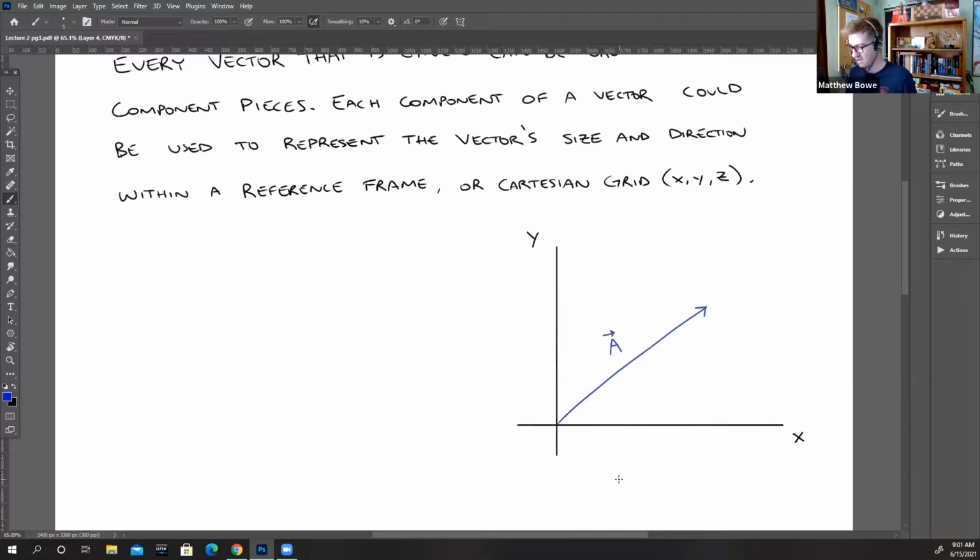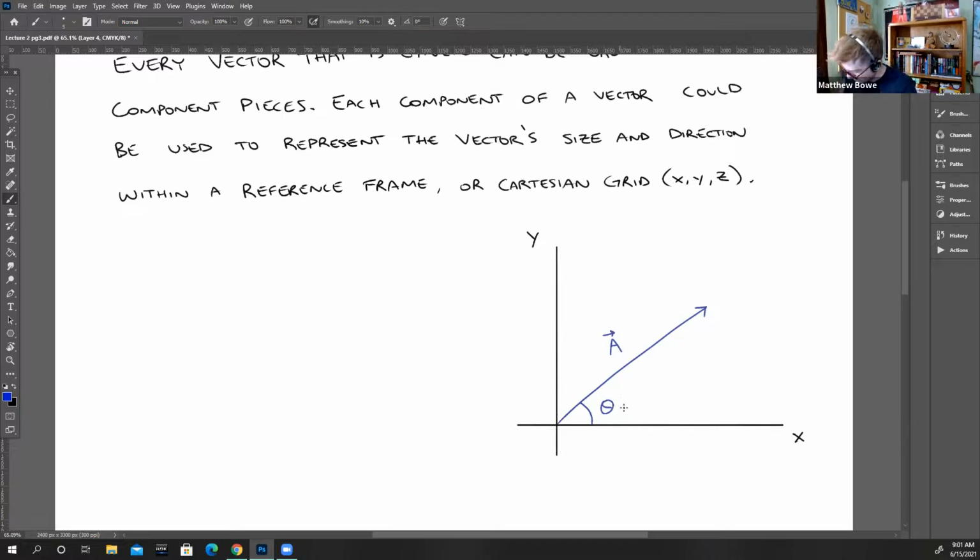Now, vector A, I've added this Cartesian grid. I've added this sort of reference frame. It starts at 0, and I'll be able to actually have some measurements. So vector A is specifically this long, and it's specifically pointing in that direction. So that means we can measure this angle from the x-axis up to the vector itself, and that is going to be angle theta.